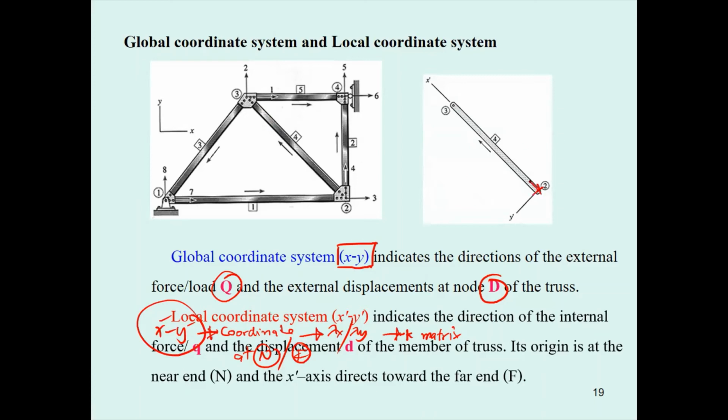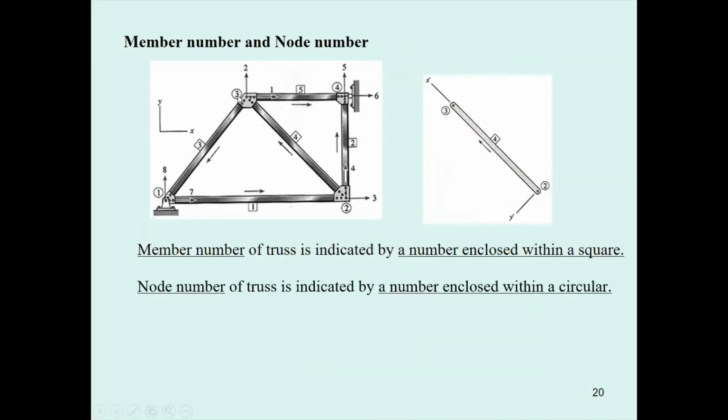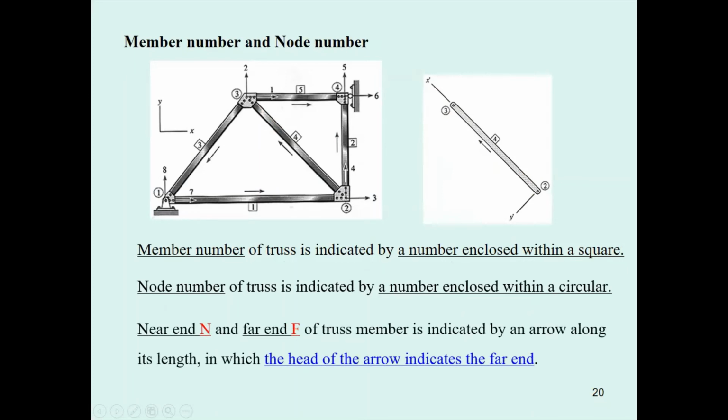Follow the position where you place this one, so you get this direction. That's based on the x prime, y prime direction. Its origin is at the near end, and the x prime will go along the member, and then it will follow the right hand rule. Just follow the right hand rule. You know y prime here, then you know x prime here.